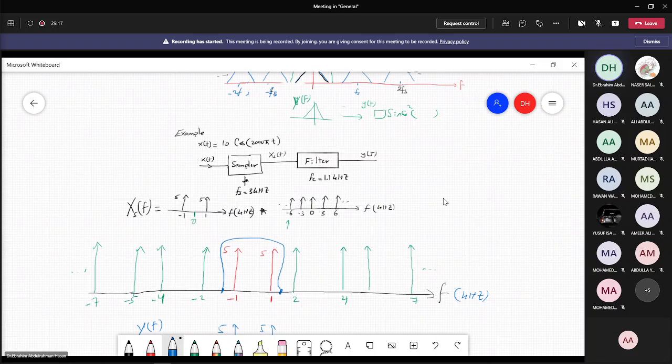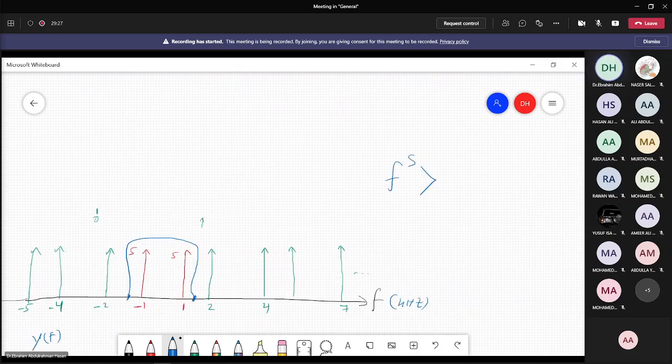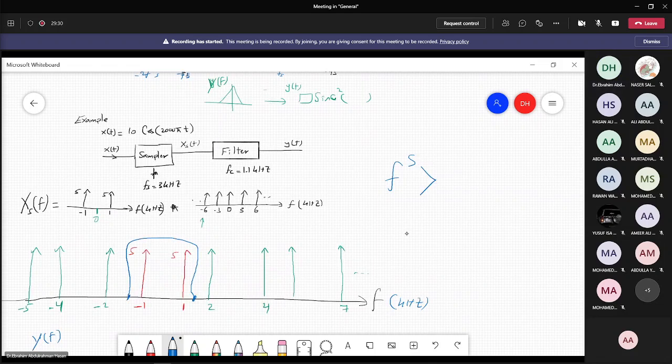So then, since f of s is greater than 2 multiplied by f max, so f of s greater than 2 f max. f max is clearly equal to 1, so 2 f max is 2000, which is 2 kilohertz.